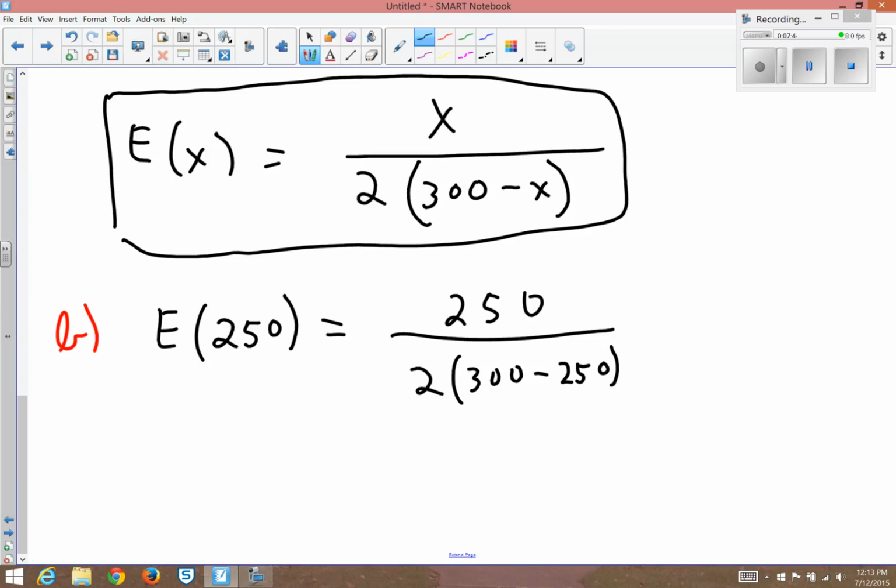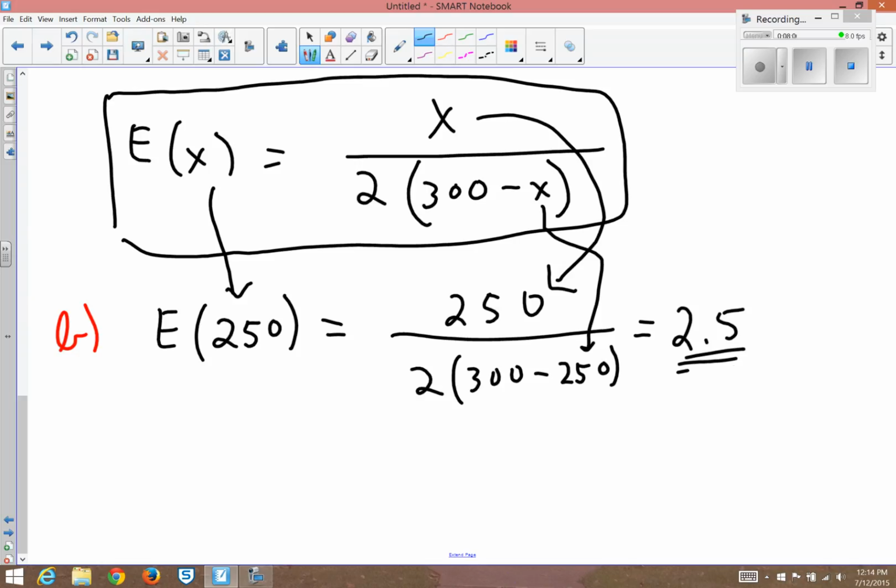The elasticity at the given price is 250 over 2 times 300 minus 250, which comes out to be 2.5. That is the elasticity at the given price. Since that number is greater than 1, we say demand is elastic.